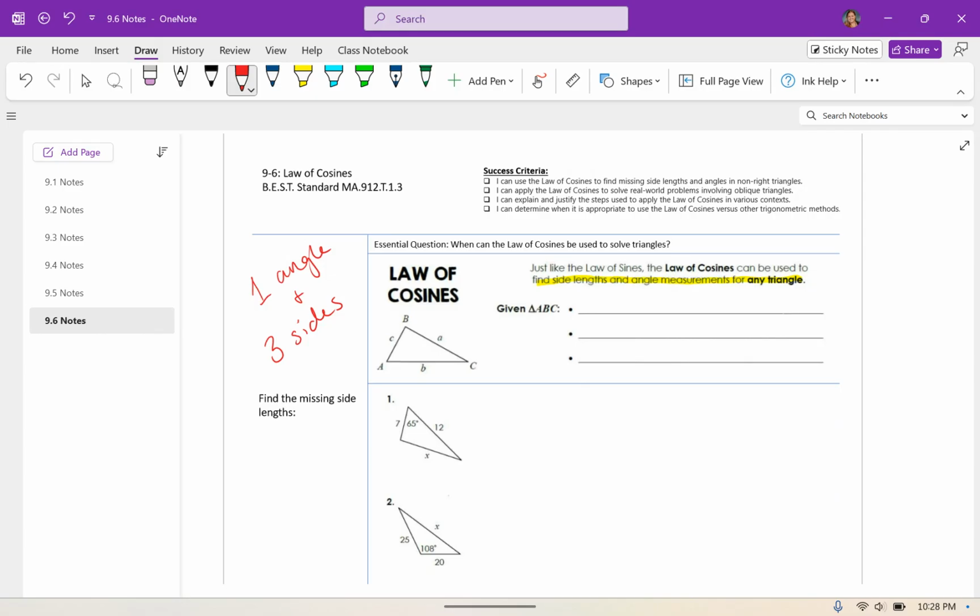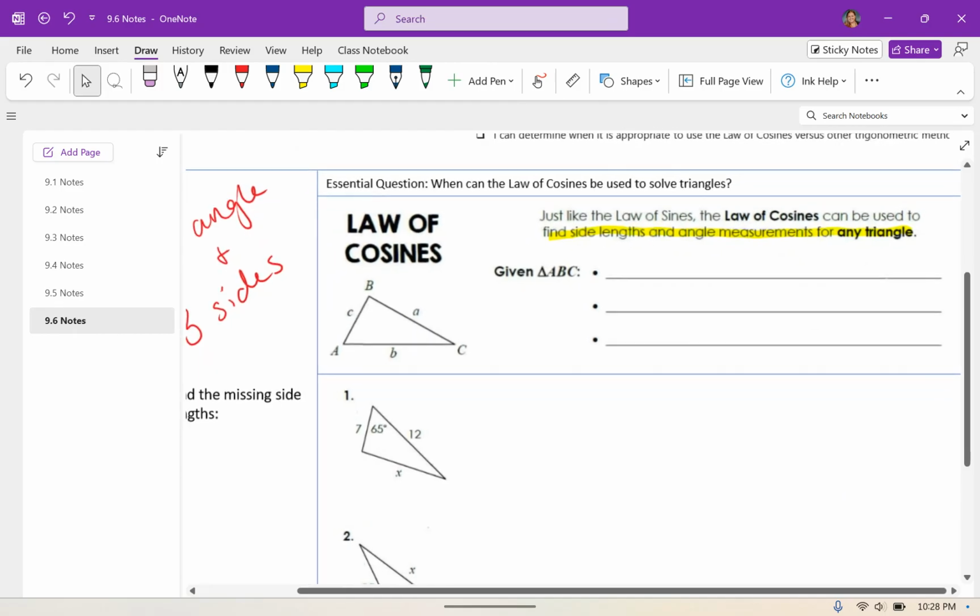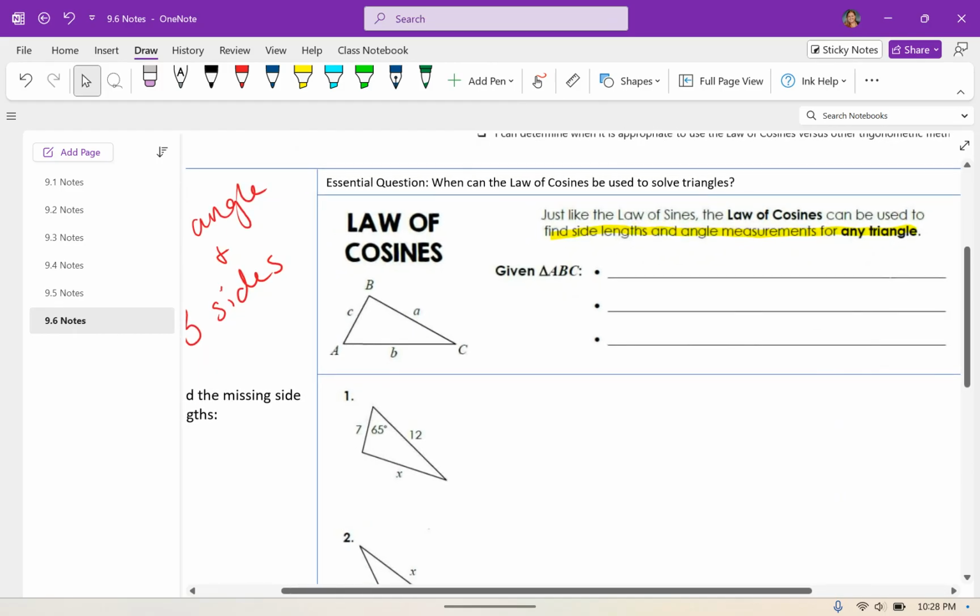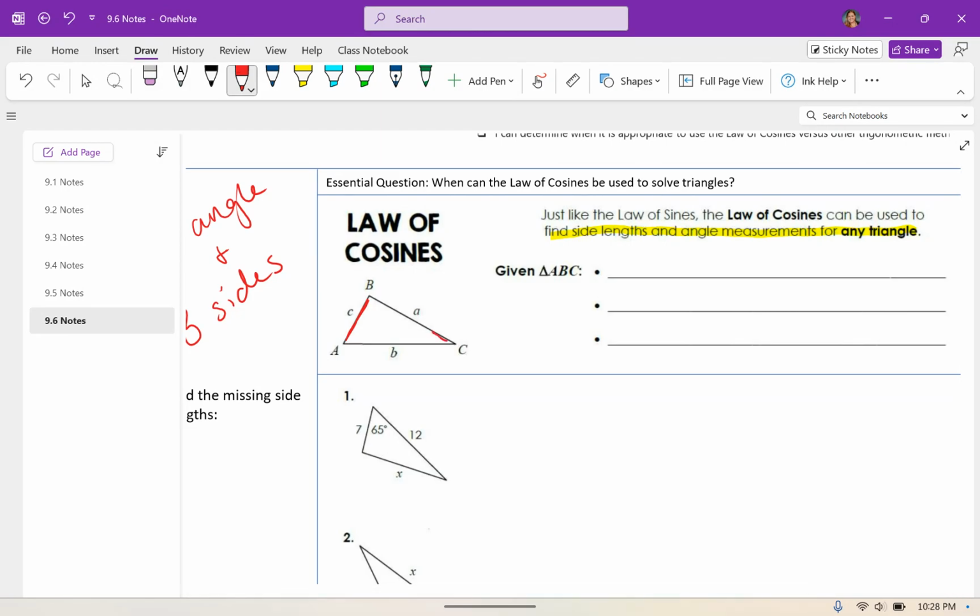So we're just going to jump right in, and I'm going to use the side length of C and the angle C as part of my formula. C squared equals A squared plus B squared minus 2AB times cosine of C is the formula, and it's one that you should memorize because it's not on your reference sheet.